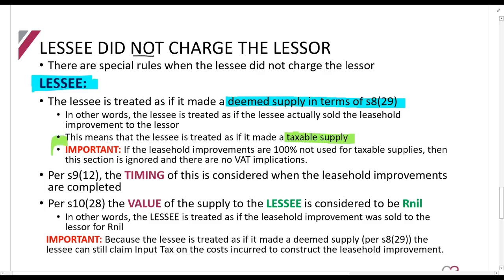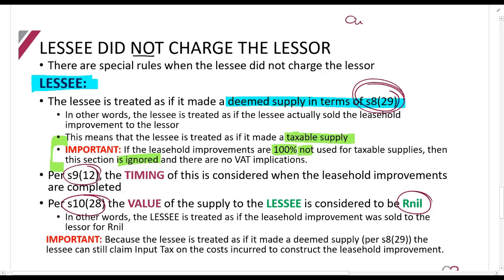Very important here though, if it was used 100%, not less than that, 100% for non-taxable supplies, like exempt supplies, then this section is ignored, so there are no VAT implications. Okay, so now, per Section 829, the lessee is treated as if they sold it to the lessor. How much are they treated as if they sold it for? Section 1028 tells us that they are treated as if they sold it for 0 rands.